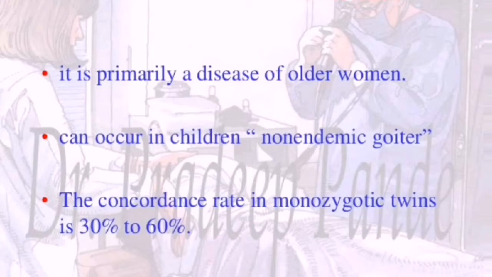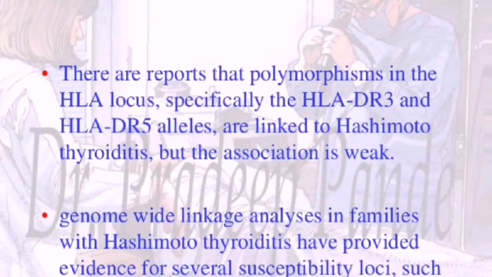Several chromosomal abnormalities have also been associated with it. Polymorphisms in the HLA locus, specifically HLA-DR3 and HLA-DR5 alleles, are linked to Hashimoto's thyroiditis, but the association is very weak. Genome-wide linkage analysis in families with Hashimoto's has provided evidence for several susceptibility loci.